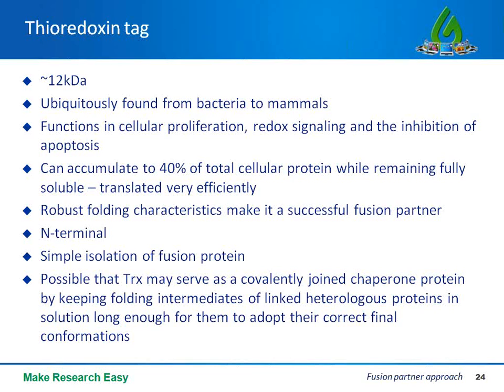You don't have to go through a complex procedure in order to lyse the cells. It's very simple. Again, like with NusA, this one does not perform as an affinity tag, so you need an additional affinity tag, like the his tag, in order to use this for purification.